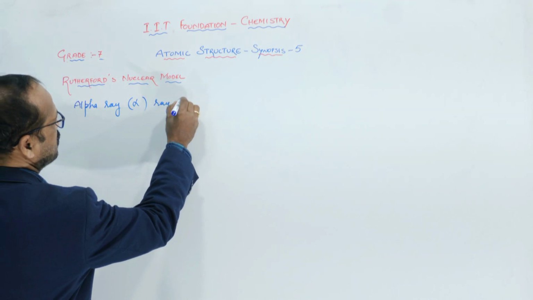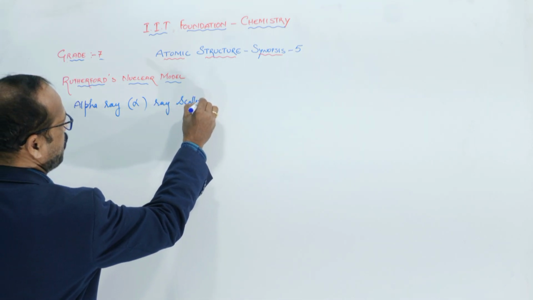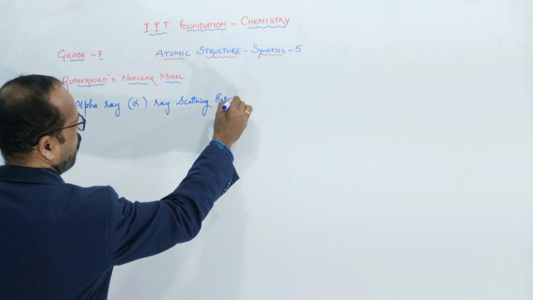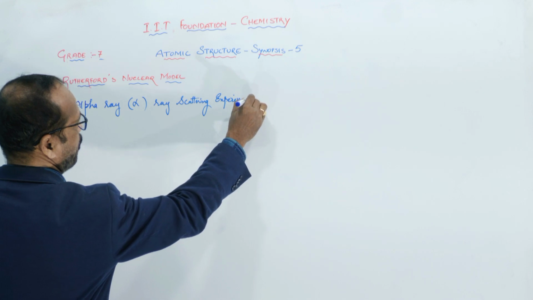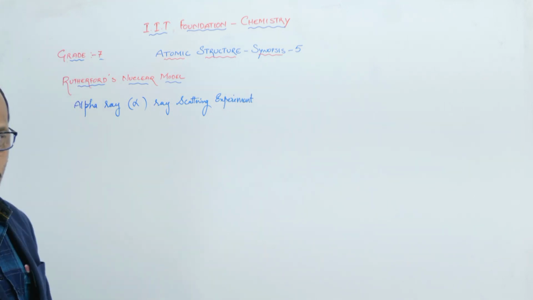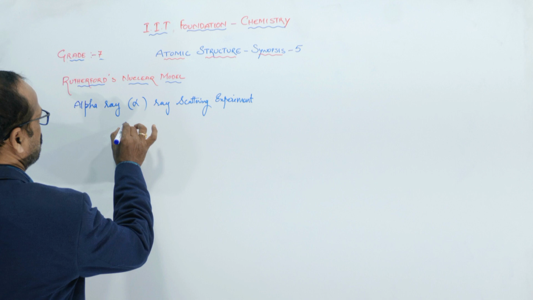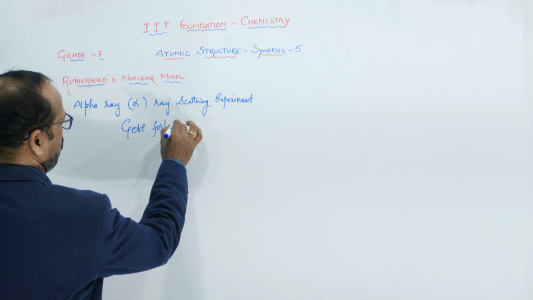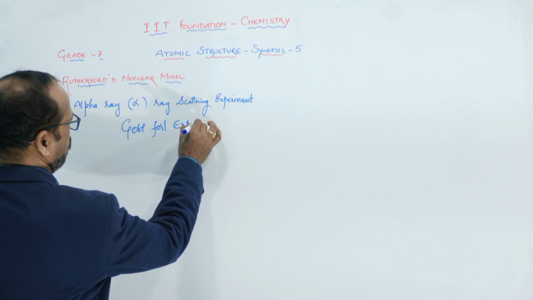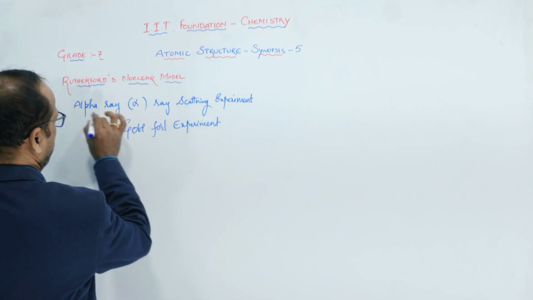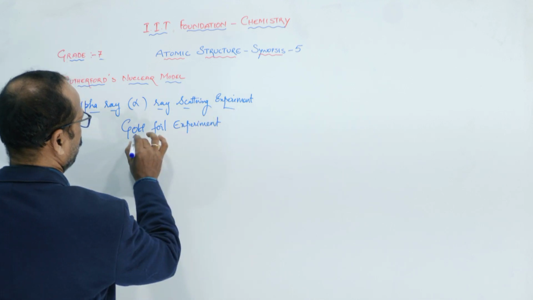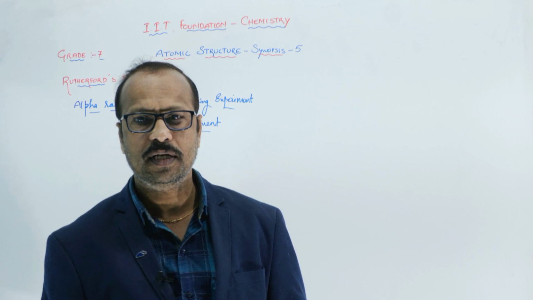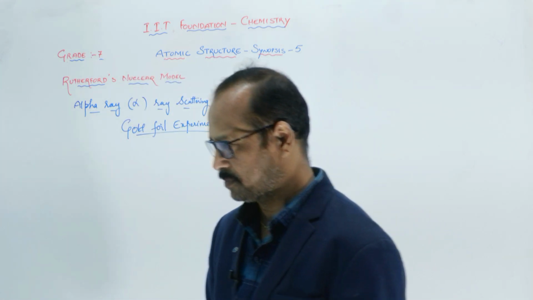Alpha ray scattering experiment, which is also called gold foil experiment. Okay, so now let us see what is the alpha ray scattering experiment.